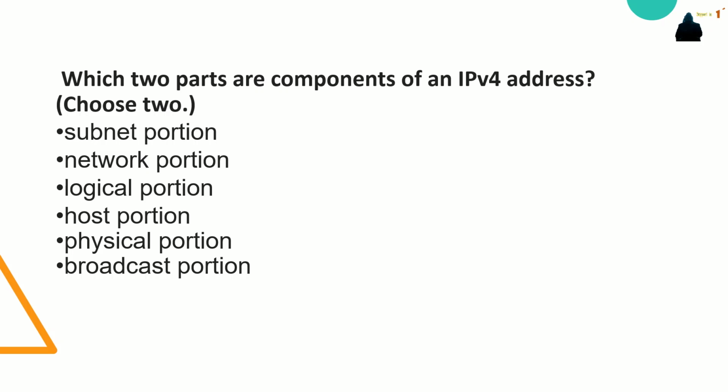We don't have any physical portion, and broadcast is a feature that lets us send to all devices, a form of address, but not a form of IP version 4 address. So the answer is network portion and host portion.